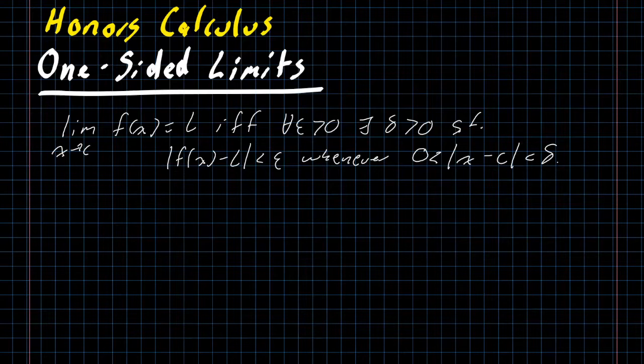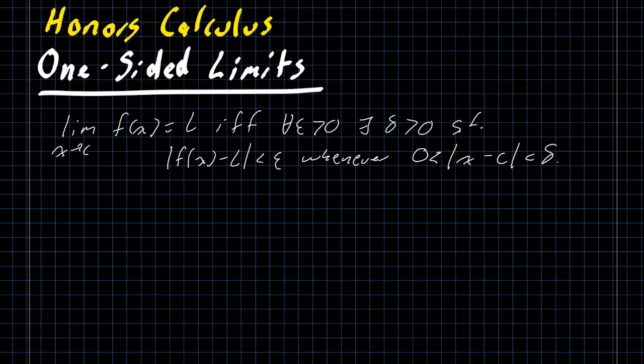The limit as x approaches c of f of x is equal to L if and only if for every epsilon greater than 0 there exists a delta greater than 0 such that the absolute value of f of x minus L is less than epsilon whenever x minus c is between 0 and delta.